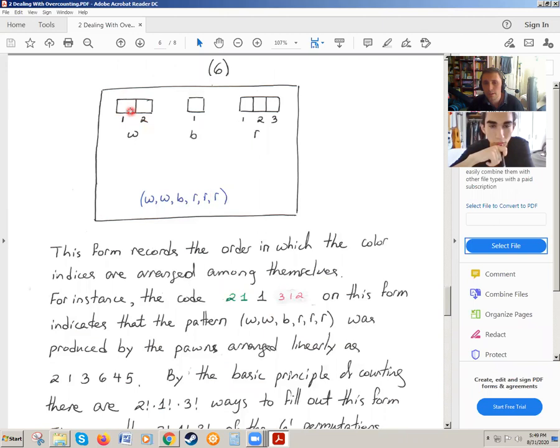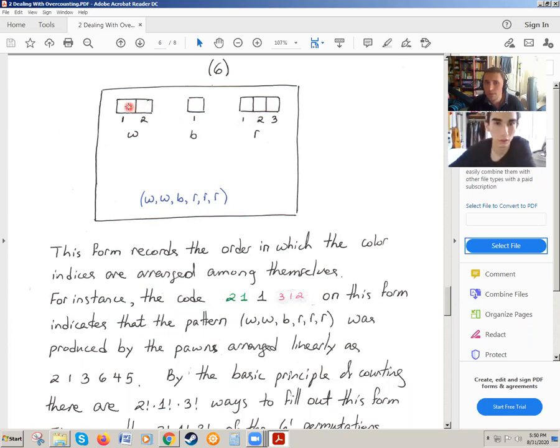So how many ways are there to fill out this form? There are 2 factorial times 1 factorial times 3 factorial ways to fill out this form. Okay, this is just to show you that if this is the pattern I observe, right? Given that I observe white, white, black, red, red, red, given that I observe this pattern, all I now need to know is where are the respective positions of the whites among themselves, the blacks among themselves, and the reds among themselves.